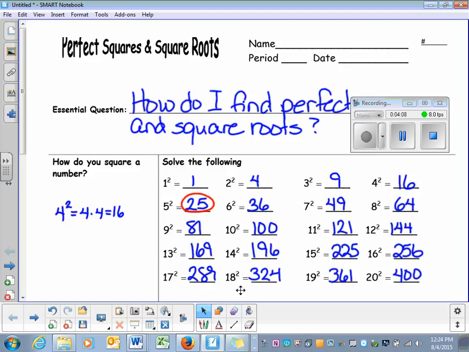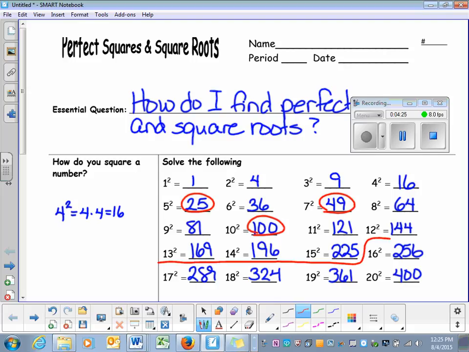So each of these numbers, 25, 100, 49, all of the numbers I wrote in blue, those are called perfect squares. You absolutely have got to memorize up through 15. Okay, up through 15, you need to know quickly the way you know what 3 plus 2 is quickly.